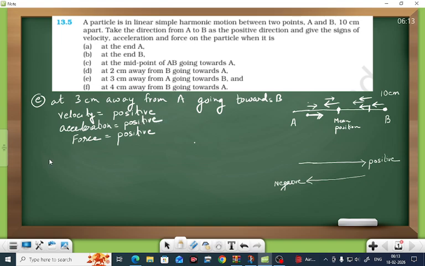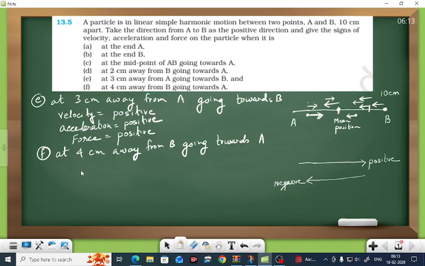Right? Now go to question number F. Question number F is at 4 cm away from B, going towards A. At 4 cm away from B, put the particle here, and going towards A in this direction.